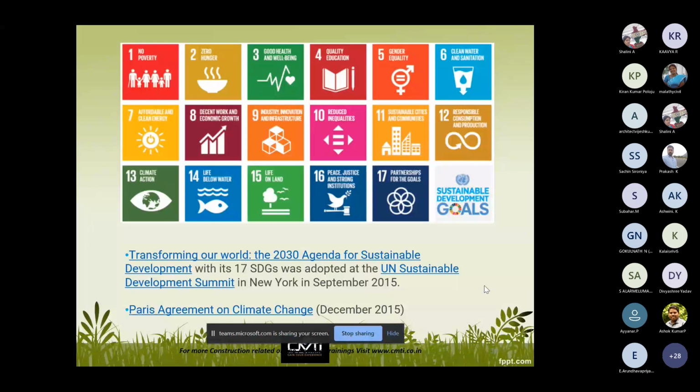One is no poverty, zero hunger, good health and well-being, quality education, gender equality, clean water and sanitation, affordable and clean energy, climate action, life below water. All these goals they have set up and they are working on these sustainable things.